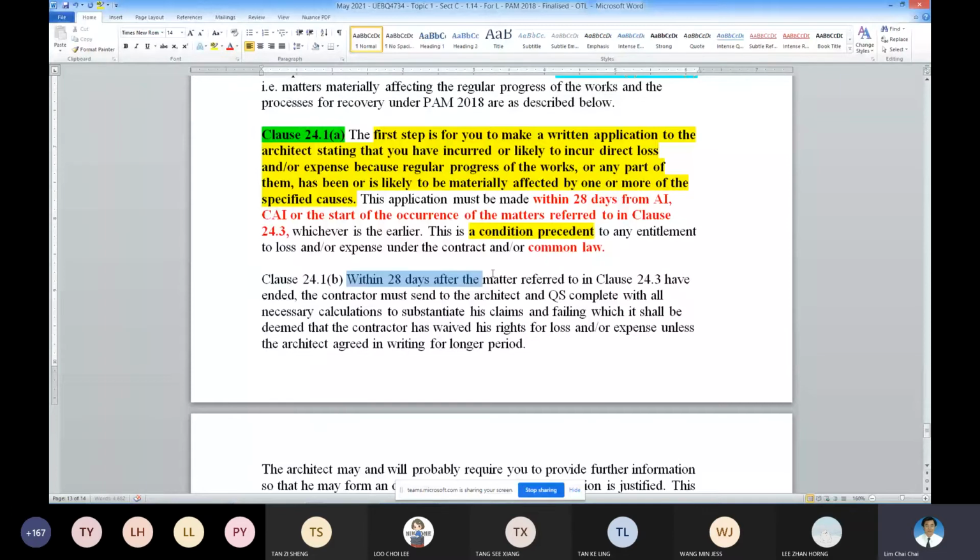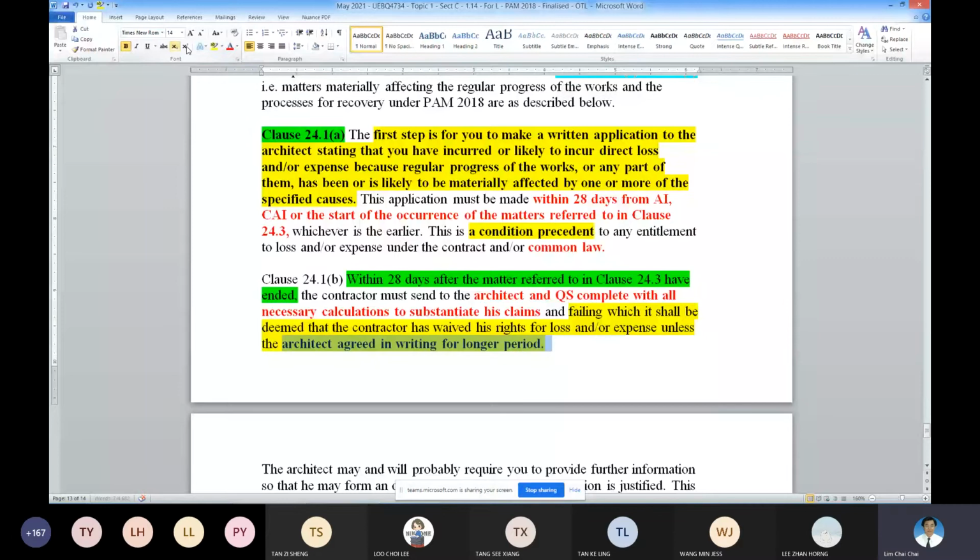So within the 21 days after the activity ended, then the contractor needs to submit the complete everything to the QS on your claim. If you don't do that, your rights could be extinguished unless you are given the extension of time, unless the architect agree to give you a longer period. If not, then your rights could be extinguished.